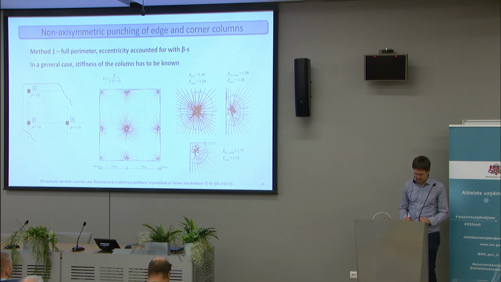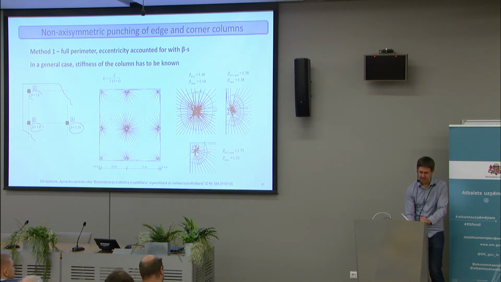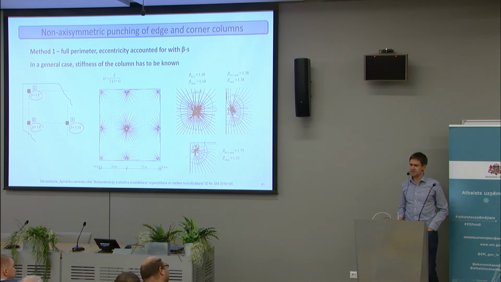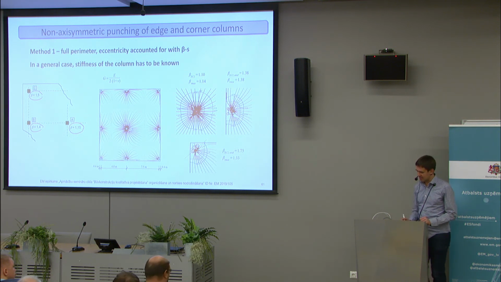And here I checked where these factors come from that Eurocode gives for internal columns, edge columns and corner columns. They give recommended values for betas. They say that it's applicable up to a limit where there is like a 25% difference in the spans.